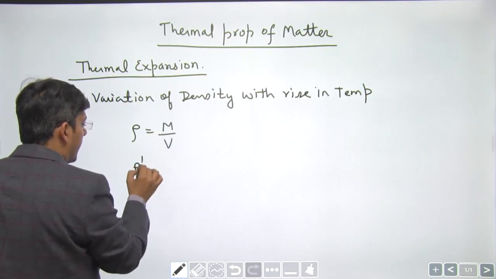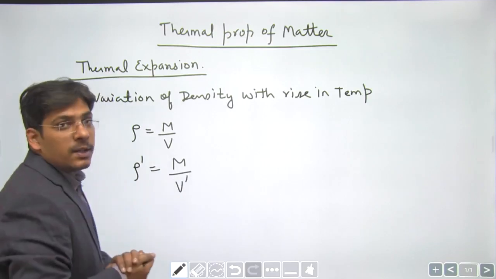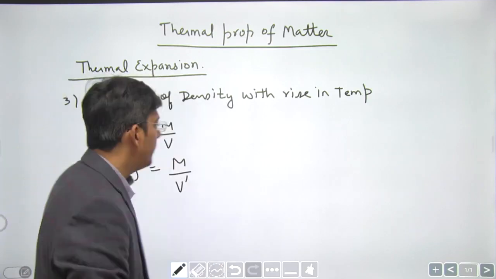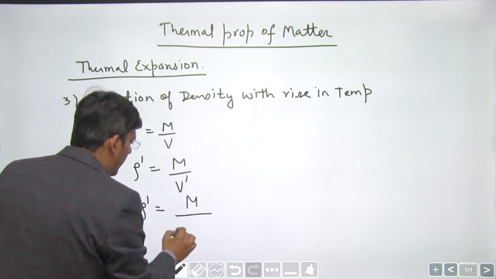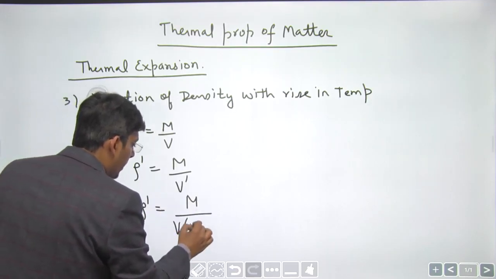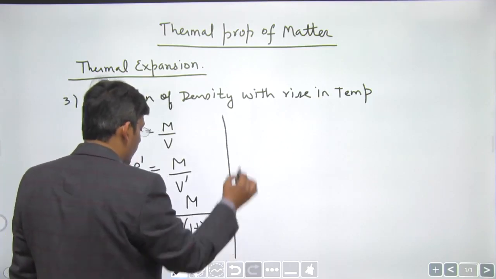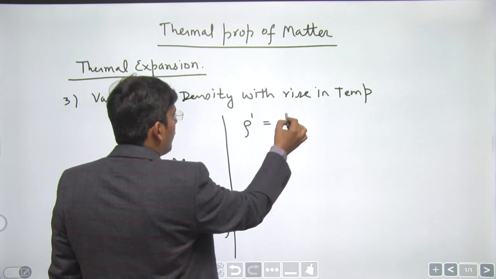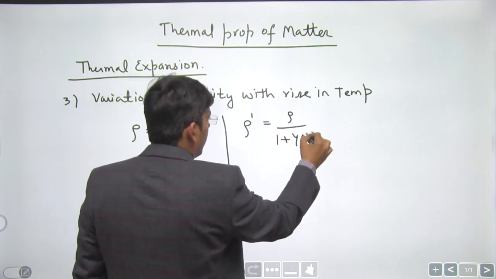When you heat a substance, its density changes because its volume changes. We don't expect a change in mass of the body, right? So rho dash is equal to m divided by, what is the new volume? Original volume times 1 plus gamma delta theta. So this is rho dash. Mass by volume is rho, divided by 1 plus gamma delta theta.